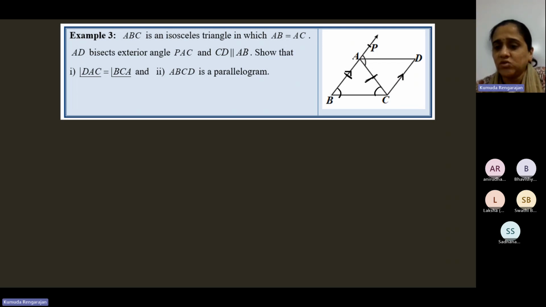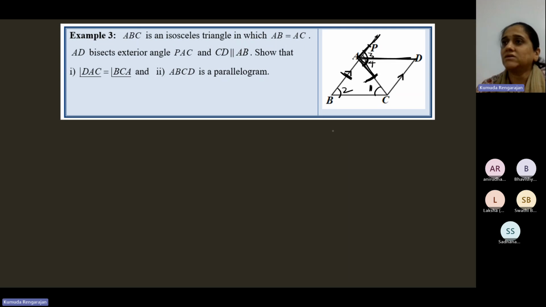If these two sides are equal, the angle opposite to this side is this angle, and the angle opposite to this side is this angle. So these two angles are equal. Angle 1 is equal to angle 2. It is given that AD bisects angle PAC. Which is PAC? This angle. This one bisects PAC. That means angle 3 is equal to angle 4. Correct?